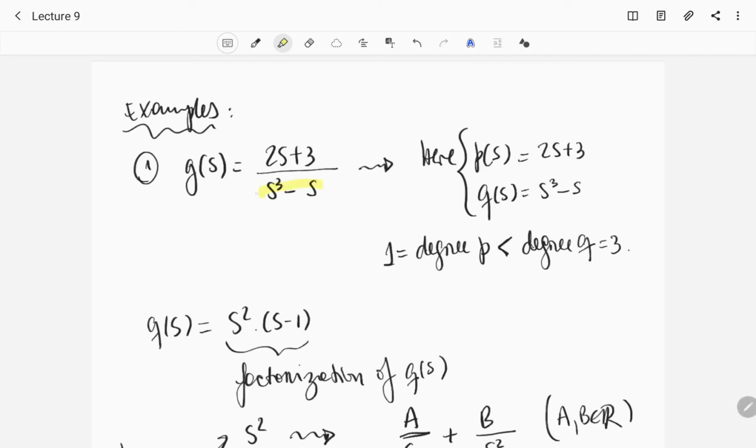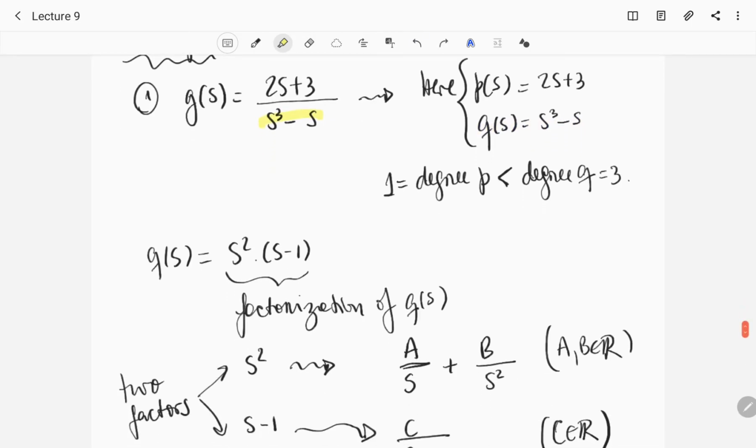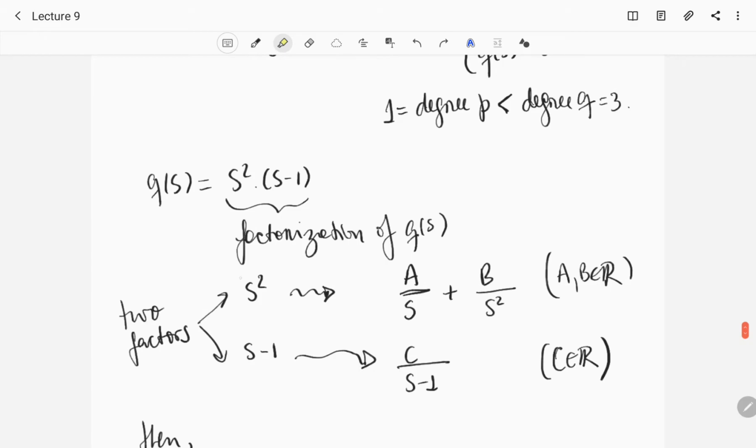Now, if we factorize this polynomial q, we have s squared in common, so we have s squared times s minus 1. From what I said before, s squared gives us two terms, a over s plus b over s squared.